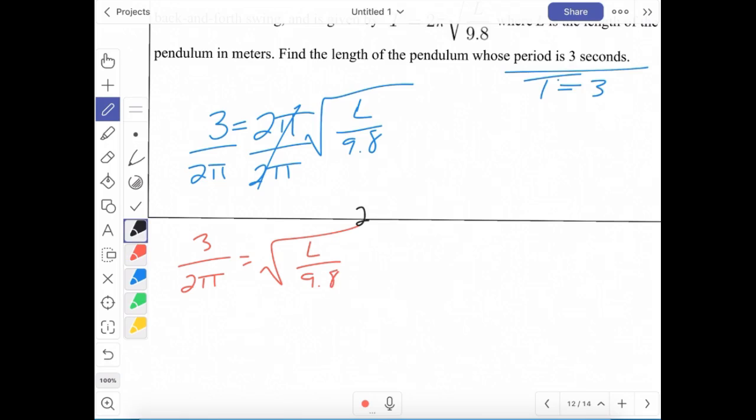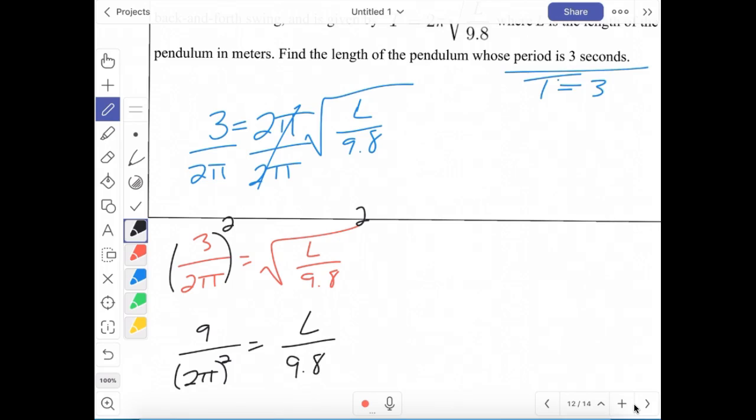We will square both sides. Put that in parentheses so we know everything is being squared. So then 3 squared is 9, over 2 pi squared, and I'm going to leave it as that, is equal to L over 9.8. I'll use a calculator to find a value, but I don't really want to get rounding error.